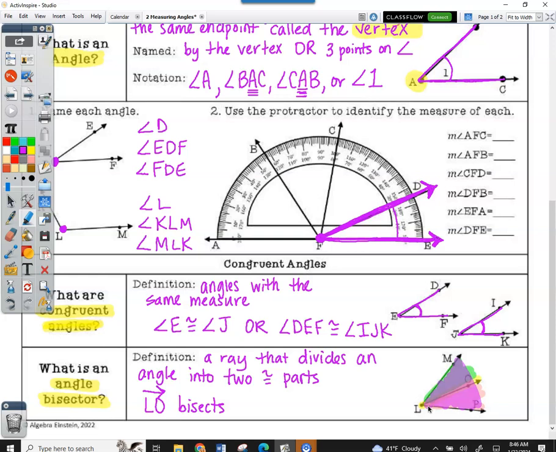You got the two piece angles, but then you have the outer angle. So anytime you're trying to name an angle by just the one letter, by the vertex, make sure there's only two rays coming from it. If there's more than two rays coming from the vertex, you can't name it by a single letter. You have to name it by three, and you have to trace it. All right, so it is bisecting angle MLP.